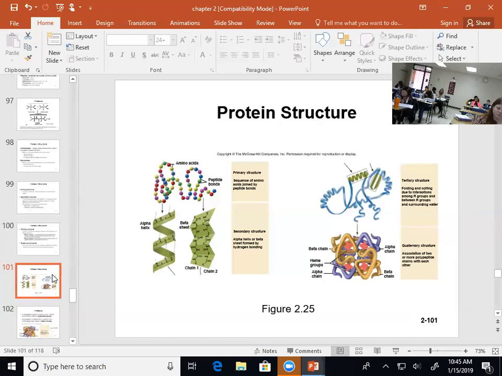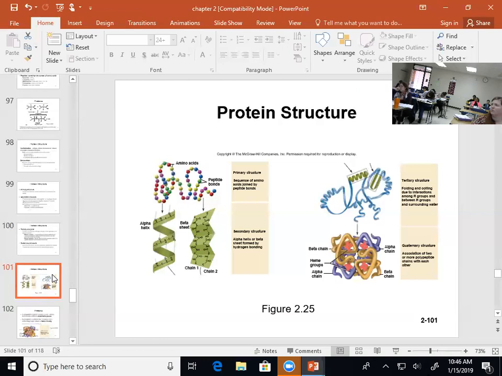Does that make sense? Now let me tell you about the third structure. The third structure is that once that chain has either formed a ringlet or fold, the whole thing collapses on itself. So let's say this is my chain.